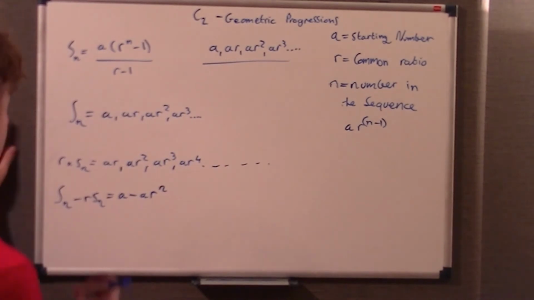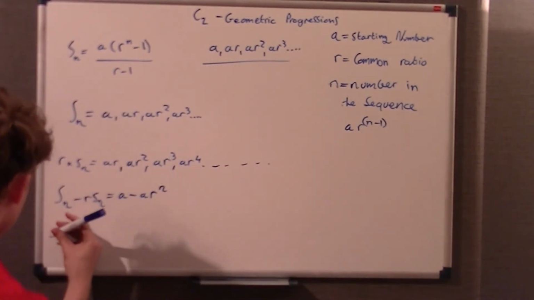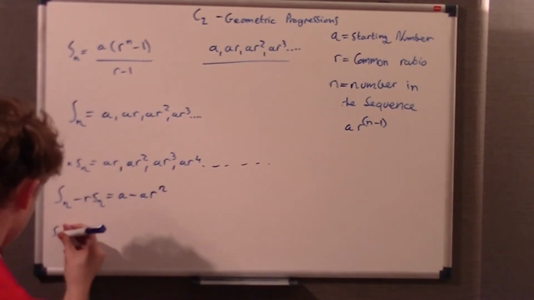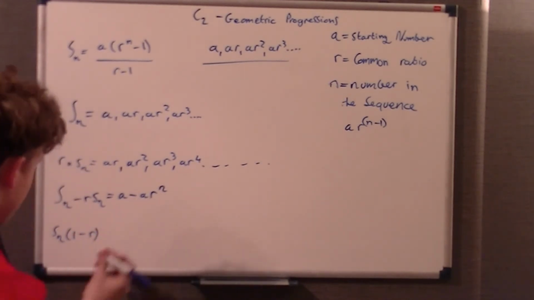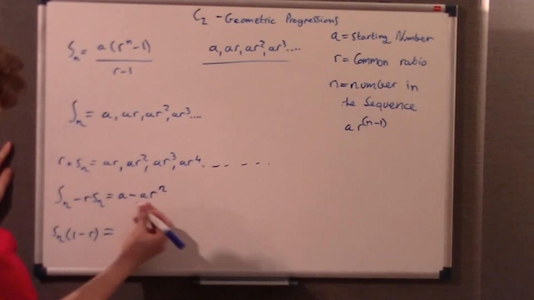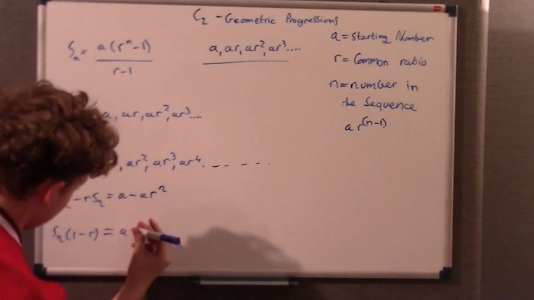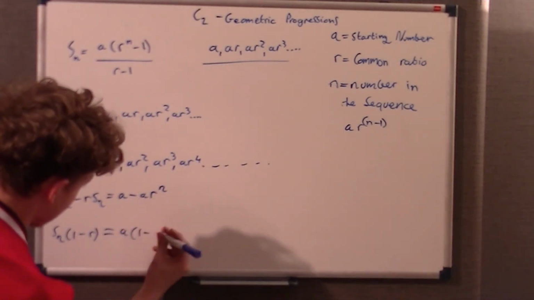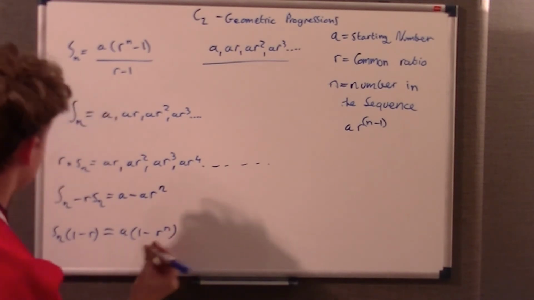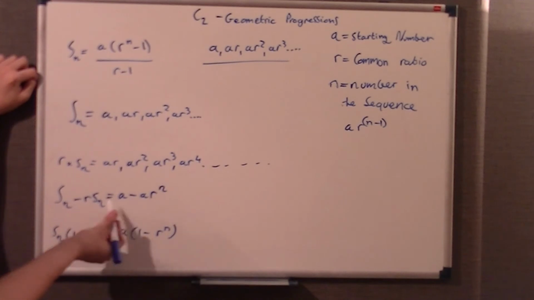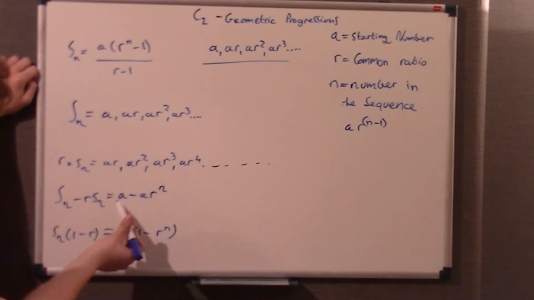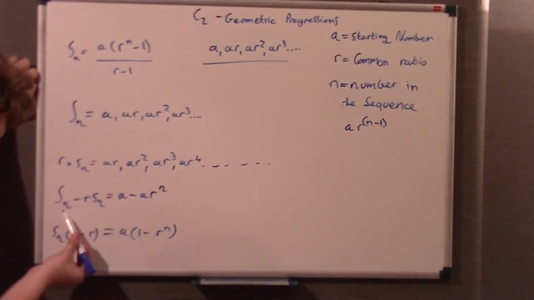And if we put this in brackets, what we get is Sn of 1 take R. And then we can do the same, we can take an A out of both of these, so A(1 take R to the N). You can see it's already starting to look like that now. So we turn this into brackets at the bottom, and we turn that into brackets, taking A and Sn out.